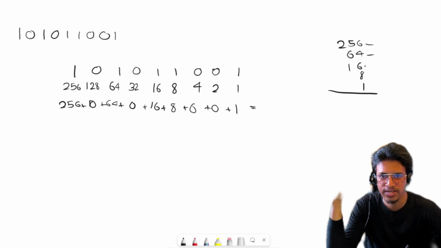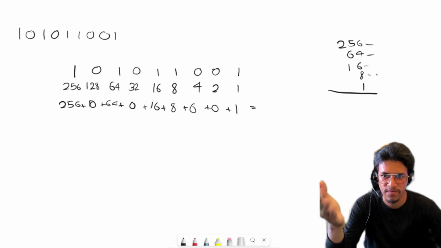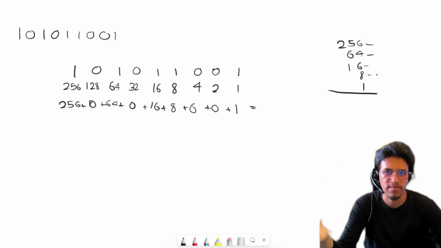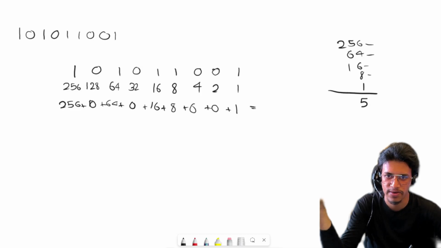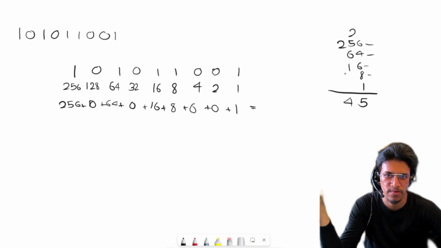Here we get 10, 6 plus 8 we get 14, 14 plus 10 is 24, 24 plus 1 is 25, 5, carry the 2, we get 5 plus 2 is 7, 7 plus 1 is 8, 8 plus 6 is 14, 4, carry the 1, 345. Here we get 345 in denary.